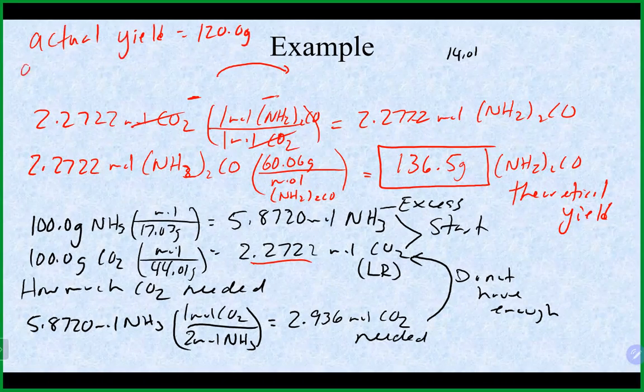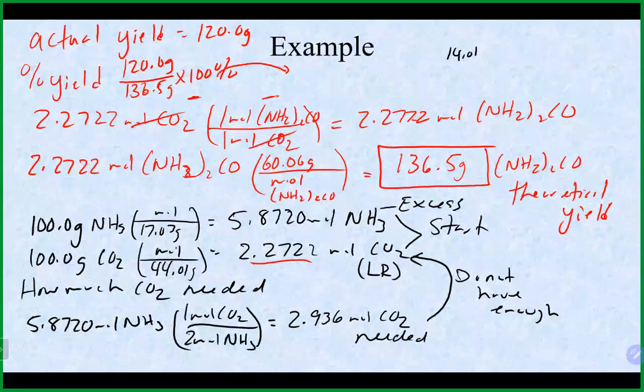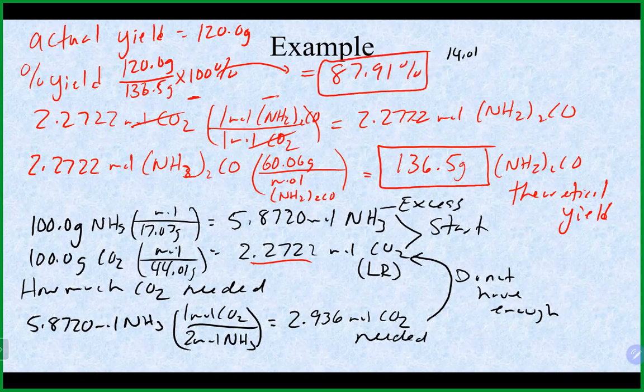So to calculate our percent yield, we will take our actual 120 grams divided by our theoretical of 136.5 grams times 100%. That gives us a percent yield here of 87.91%.